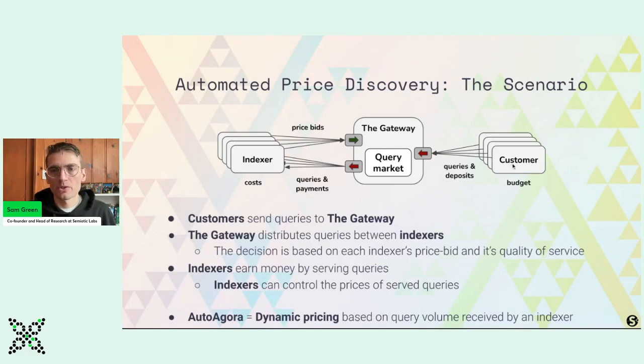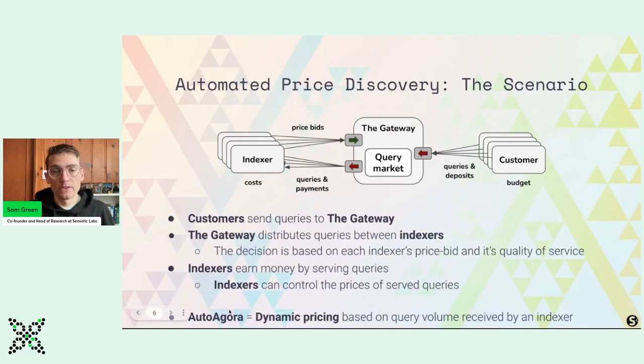Customers send the queries that they want, GraphQL queries, and their GRT, which is the token they use for payment for queries, to the marketplace. Then indexers get to see what particular queries are coming in, and they will place bids in order to fill the queries. They don't get to see the actual budgets of the customers. That's a key point here. And of course, then the indexers receive the queries and they receive the payments when they get to fill those queries.